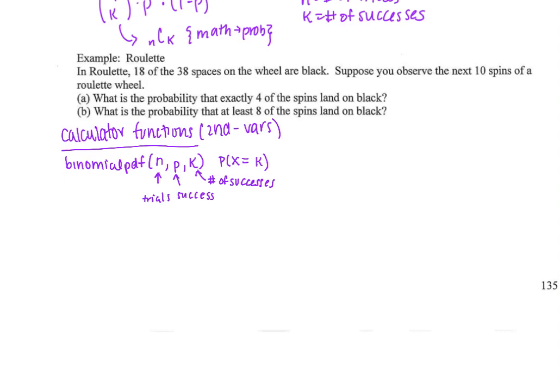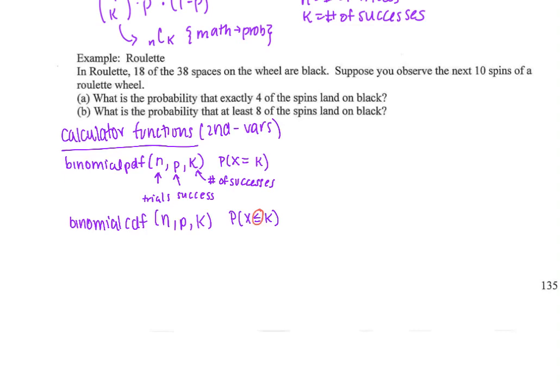The second calculator function is if I want to know less than or equal to, like what is the probability of at least 8 or at least 4, and that's binomial CDF. Same menu, n, p, k. And that's for the probability that x is less than or equal to k. It can only be less than or equal to. If you end up doing a probability that's less than, then you've got to rewrite it.